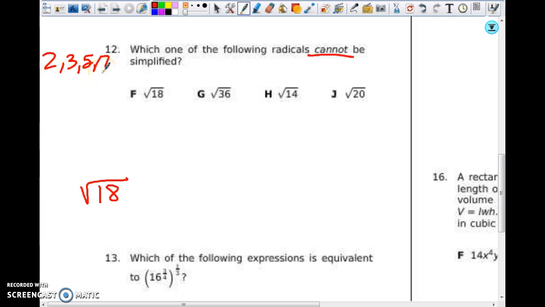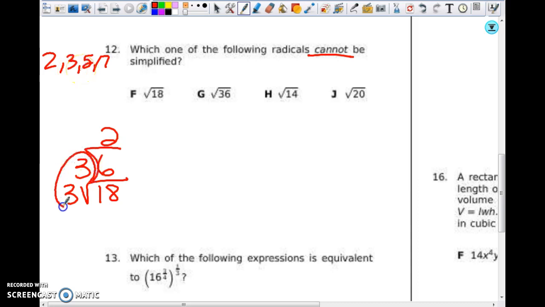What's the biggest number that we can divide? 3. 18 divided by 3 is going to give me what number? 6. Okay. 2, 3, 5, or 7, the biggest number I can divide? 2, yes, but 3 is bigger. So 6 divided by 3 is 2. Once you have one of these prime numbers, you're done breaking it down.